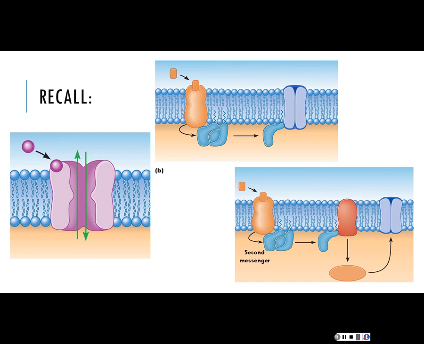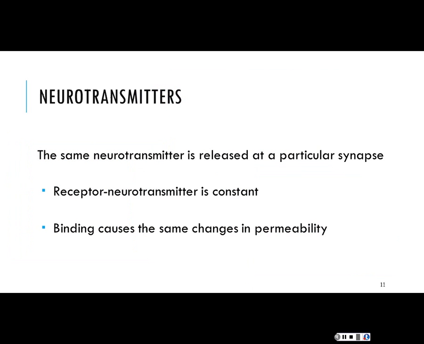What I want to focus on now is, instead of just saying neurotransmitter, we're going to get a little bit more specific on some different types of neurotransmitters that we'll see used in the body. I tried to identify this in the video a moment ago: the same neurotransmitter is always released at a synapse. If a cell is designed to release acetylcholine, it will always release acetylcholine.